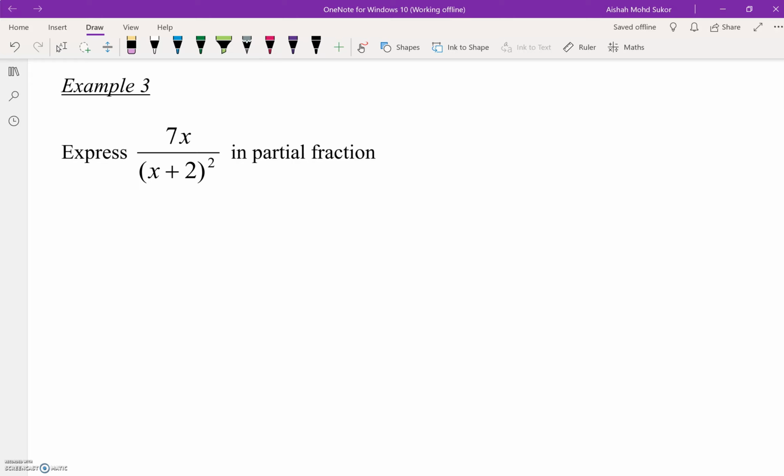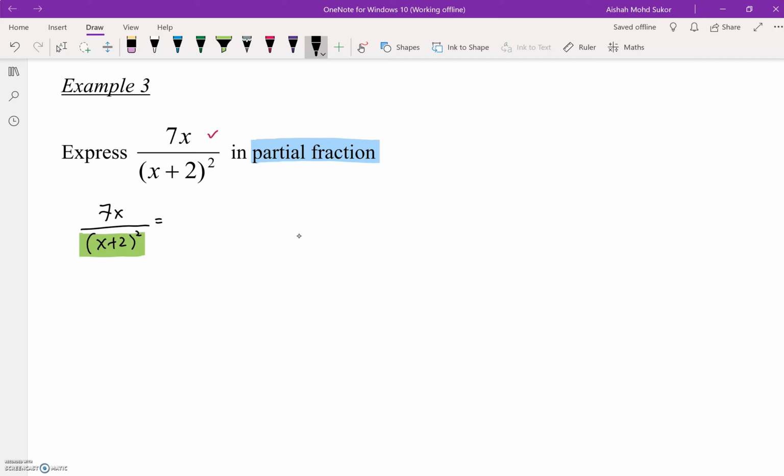Example 3. Express this proper fraction in partial fractions. So by looking at the denominator, we have a repeated linear factor. We call x plus 2, the whole thing squared, a repeated linear factor because the linear factor x plus 2 is repeated 2 times.